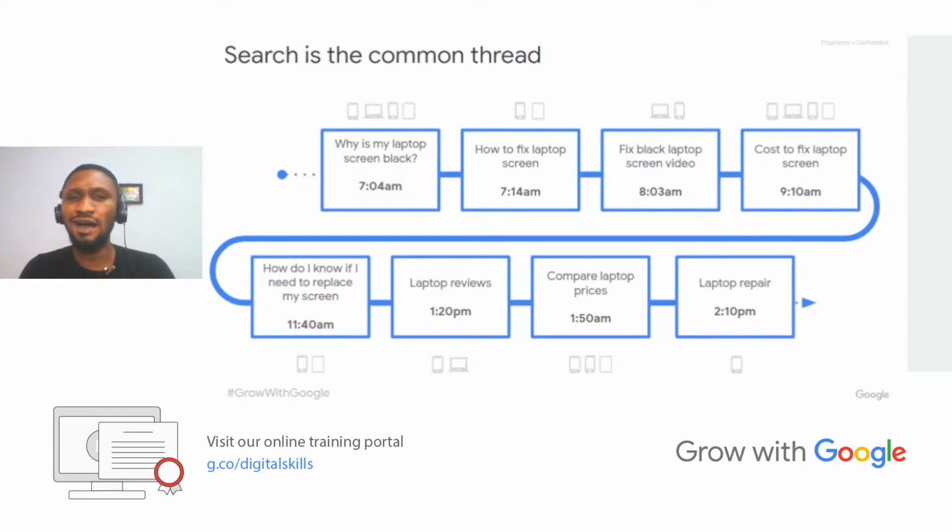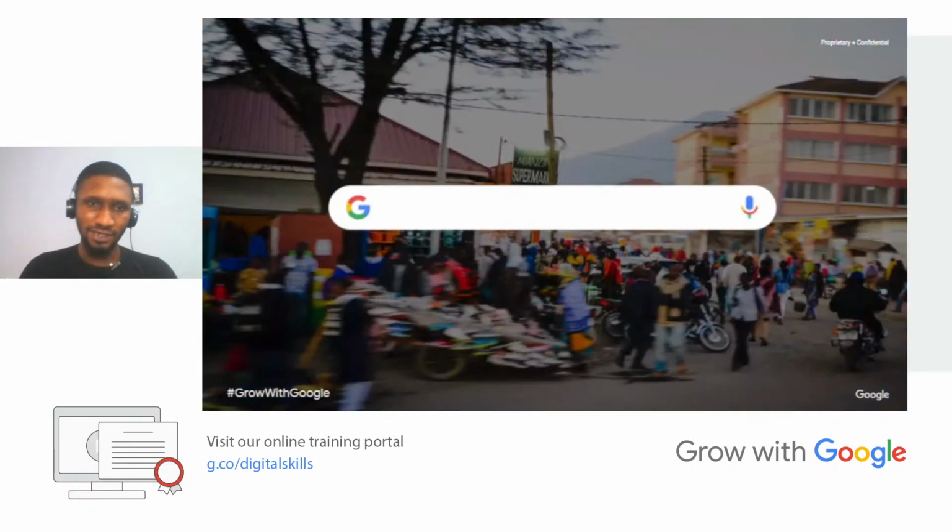And make sure you have resources, blog posts and the like, or pages right there on your website that answer this. Now, the more relevant your website is to search queries, to what people are searching for, the more opportunities you have to show up right there on search results.